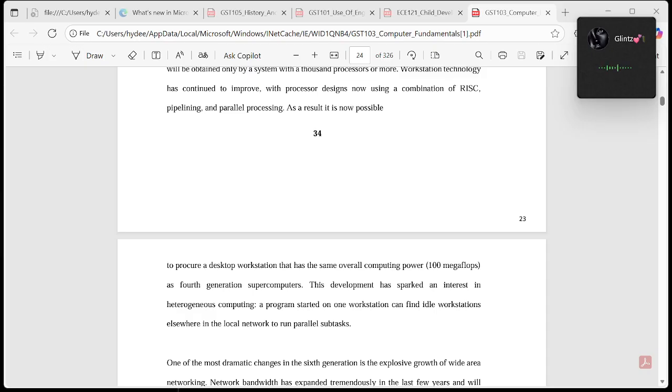Okay, so for question one, remember it says explain the significance of the stored program concept in the evolution of computers, specifying which first generation machine introduced this idea.